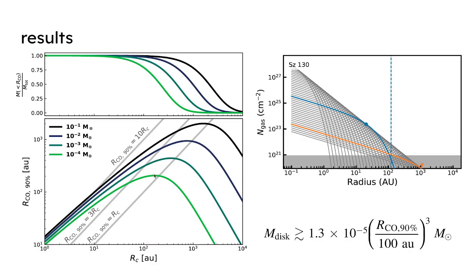And what you can do with that is basically make an estimate of a lower limit on mass for a given R90, because if for a given mass R90 must be below a certain value, that means for a given R90 mass must be above some value.